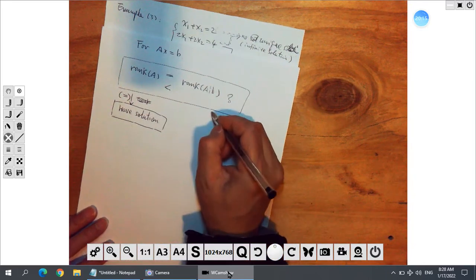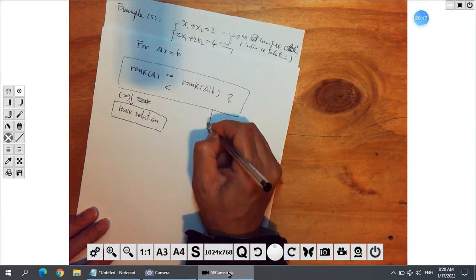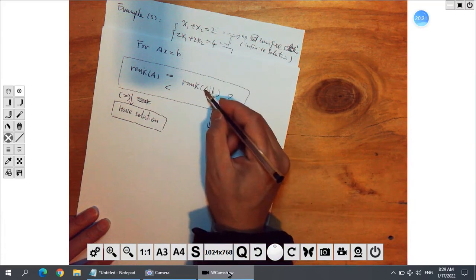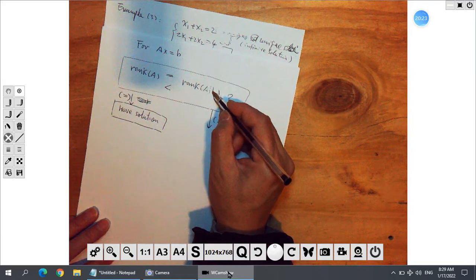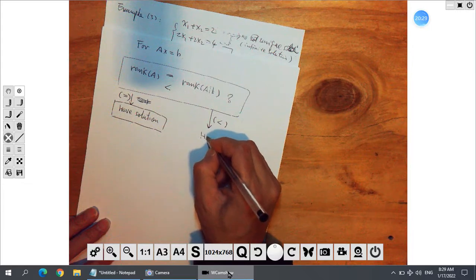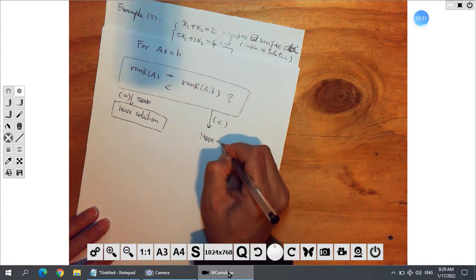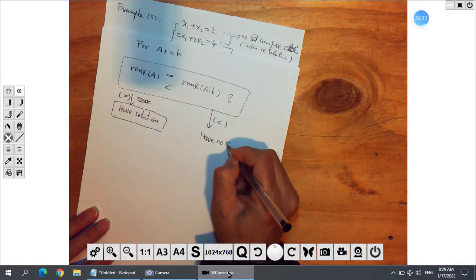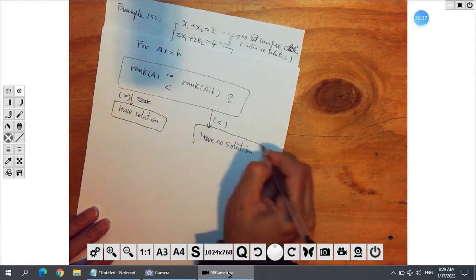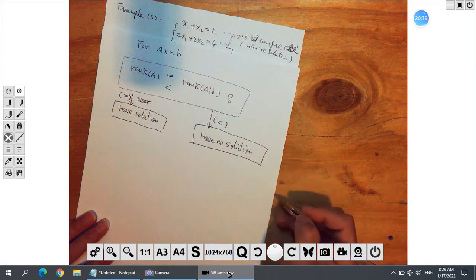And if they are not the same, if rank A is smaller than rank A combined with B together, then we have no solution.